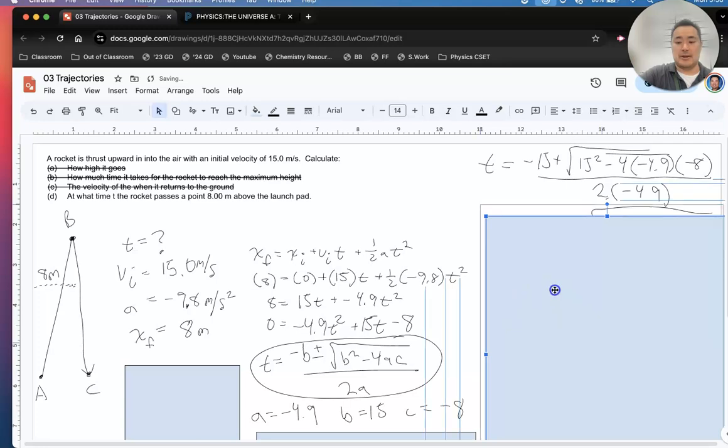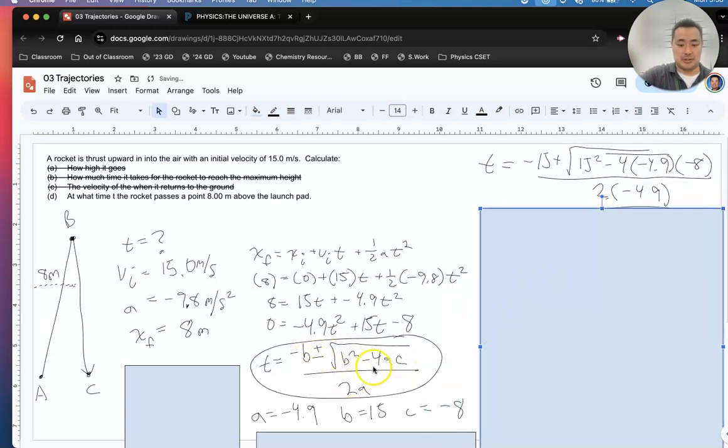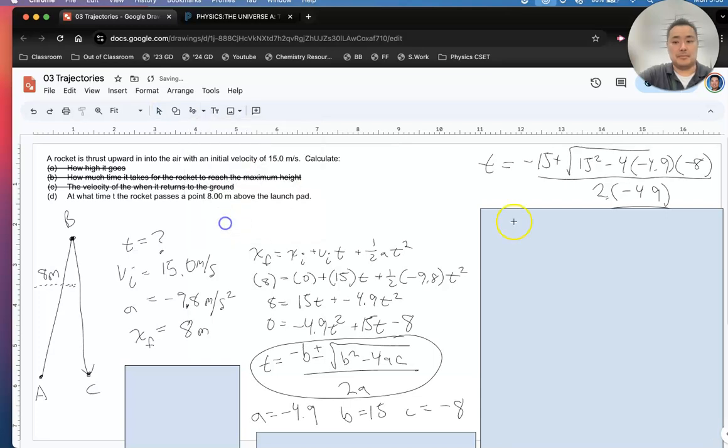So we plug in our variables for the first iteration of the quadratic formula. Remember, there's a plus and minus. So b equals negative 15, plus the square root of 15 squared minus 4 times negative 4.9 times negative 8.